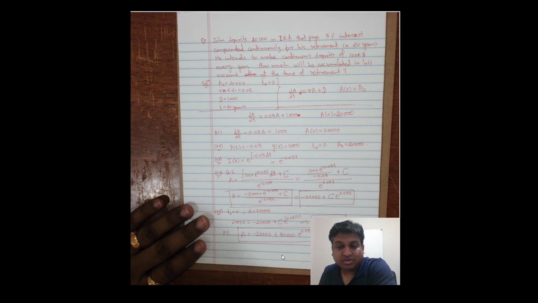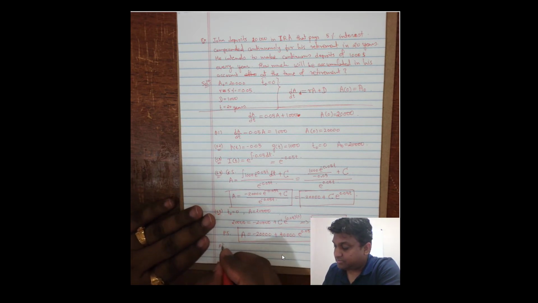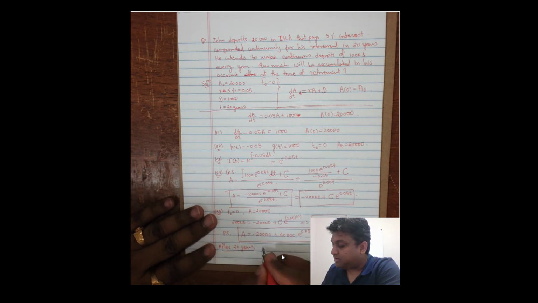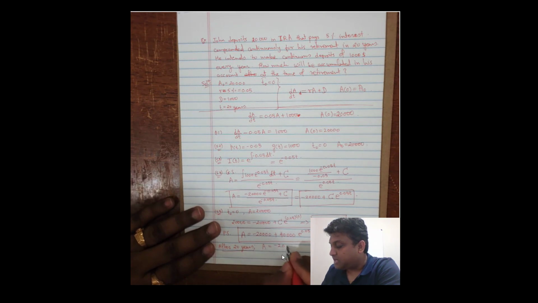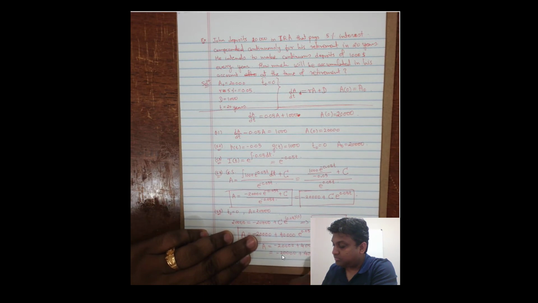Now we can answer the question, how much is he going to get in 20 years? Let's do that. After 20 years, at the time of his retirement, he's going to get negative 20k plus 40k times e to the, this is 5 over 100 times 20, and that's 100 over 100, so it's e to the 1. I get negative 20k plus 40k times e. E is approximately 2.71.